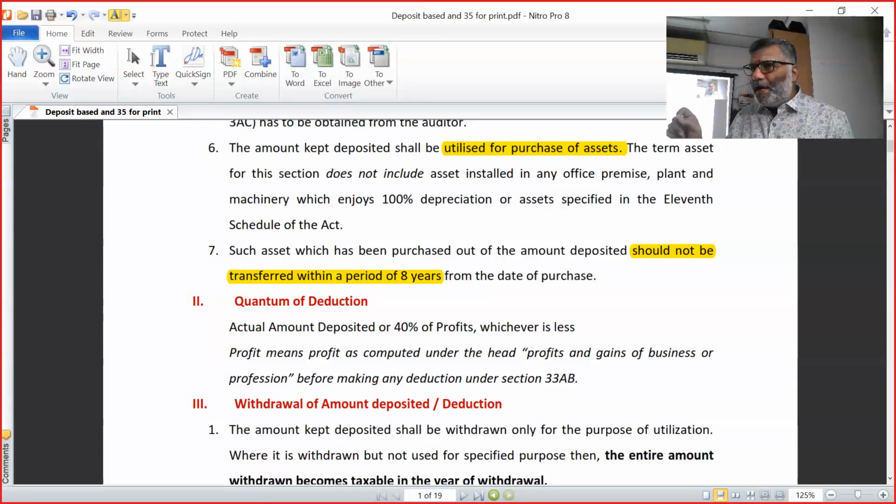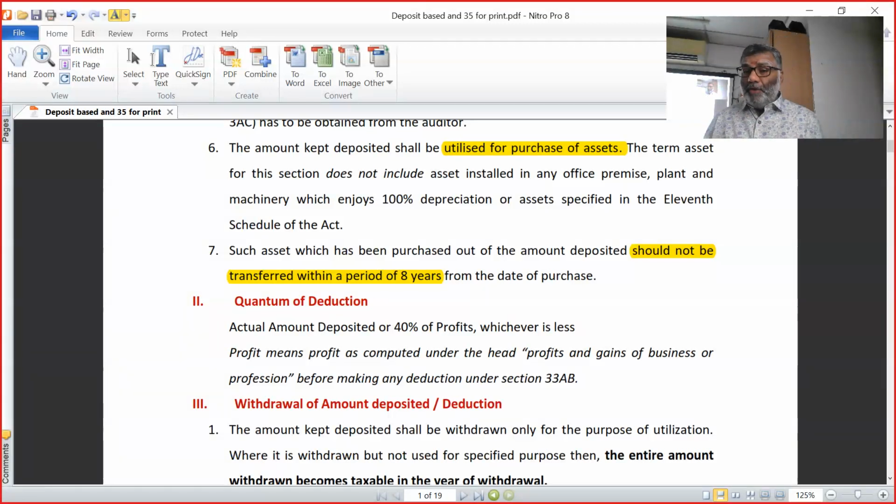I gave you deduction with the belief that you are going to use it for the field activity. Now you are withdrawing the money. You can withdraw. I'm not saying you cannot withdraw, but in the year of withdrawal, I will tax it if you don't use it for the purpose of asset, etc.